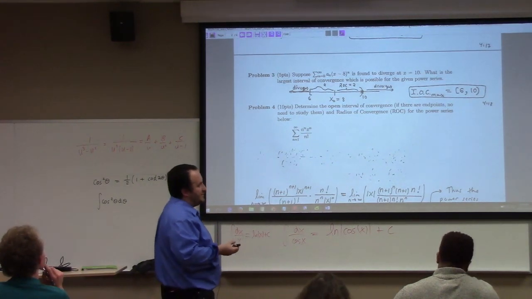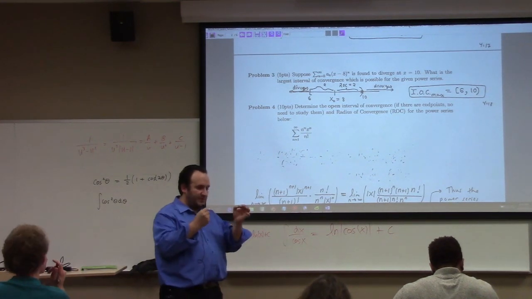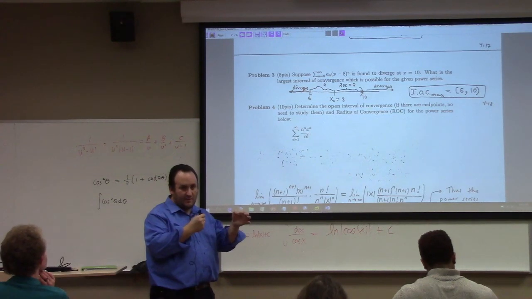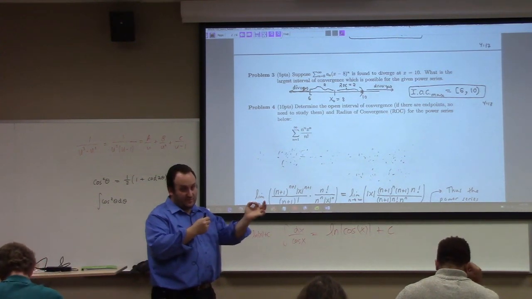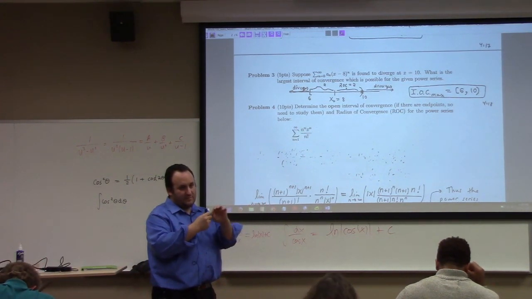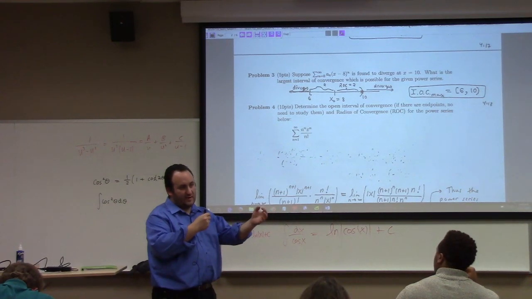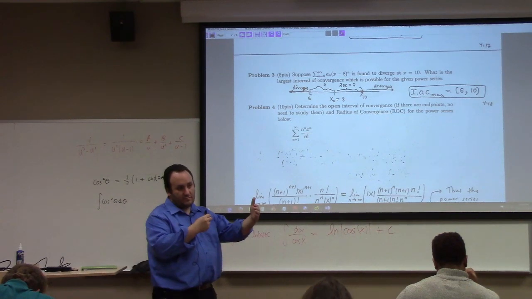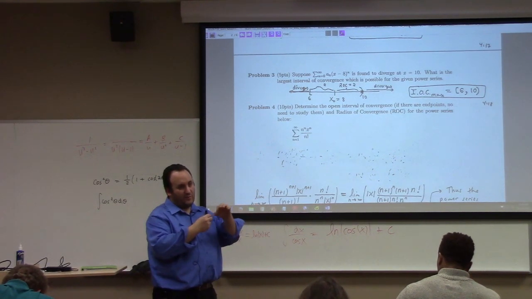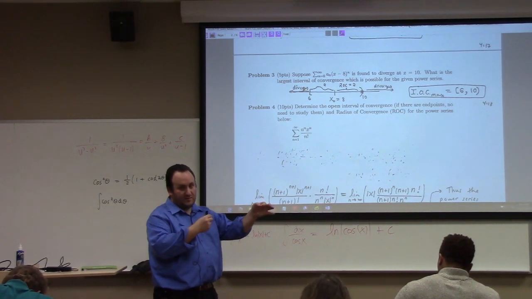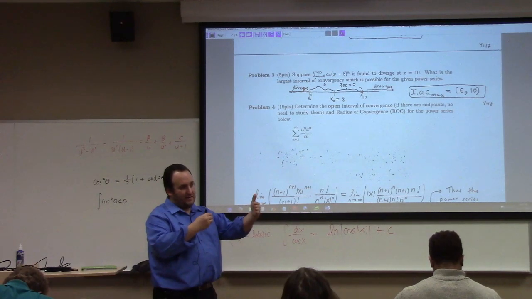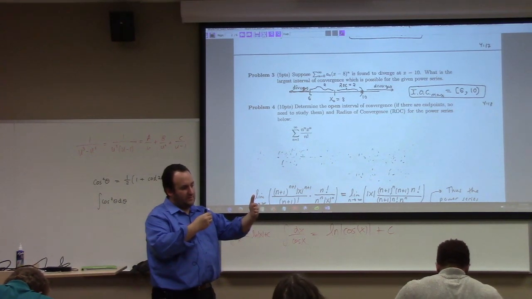The main point here is that if you know the center of the power series, and you have a point of convergence that's some distance away from the center, then everything up to that distance must converge. On the other hand, if you have a point of divergence, then everything farther than that distance must diverge.